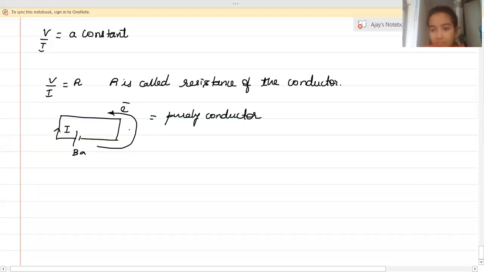So resistance of the conductor is nothing but the property of the conductor to oppose the flow of charges.